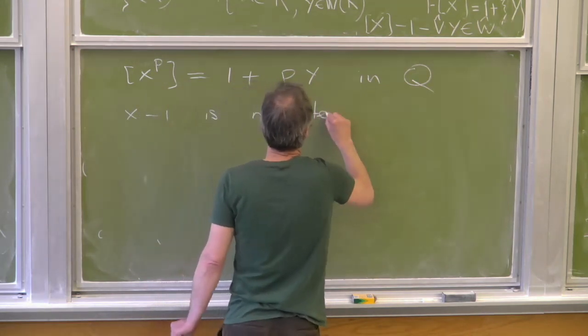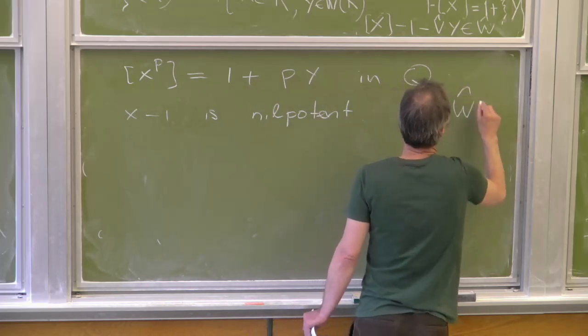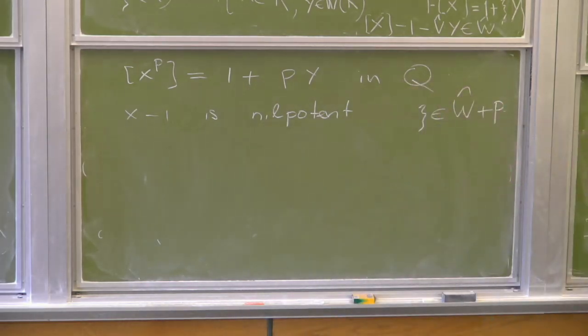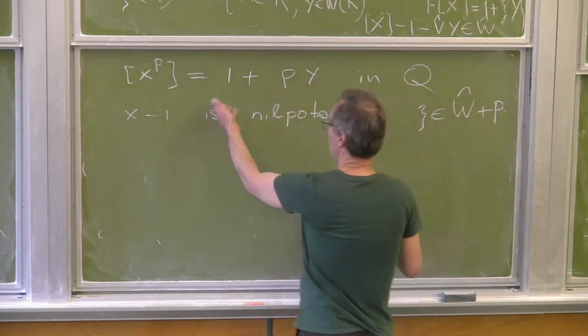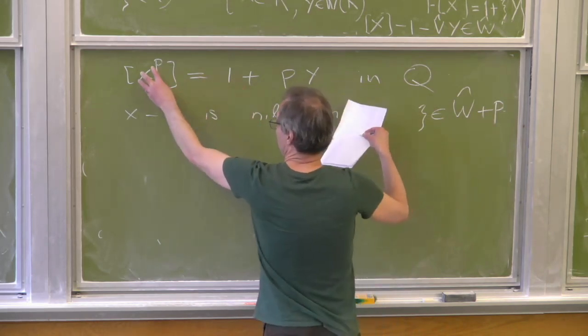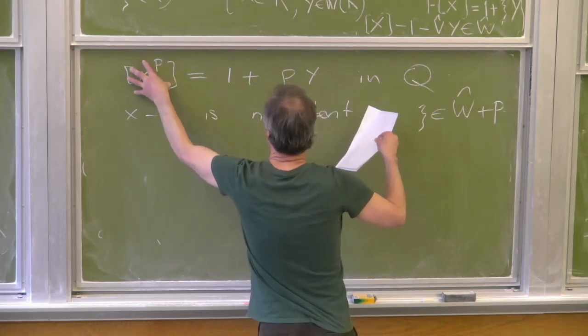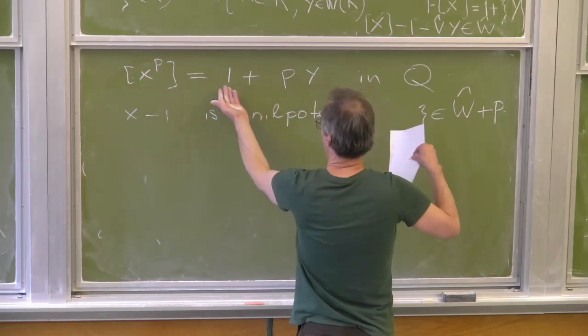How do you get that? Because C is in W hat plus, and Frobenius is just F of X. If you look at the zeroth Witt coordinate of this, it's equal to 1 modulo p.